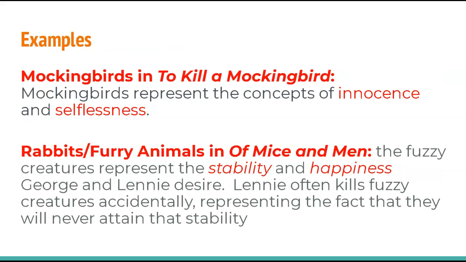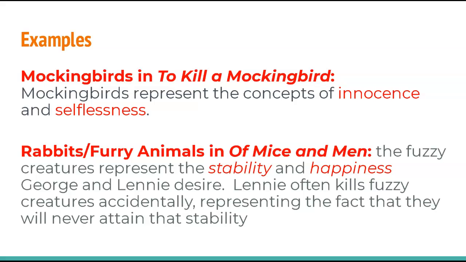So some examples of motifs are, for example, the mockingbirds in To Kill a Mockingbird. We see the mockingbird several times throughout that piece. And the mockingbirds represent the concepts of innocence and selflessness. There's also the idea of rabbits or furry animals in Of Mice and Men. Now, the fuzzy creatures here represent the ideas of stability and happiness that George and Lenny both desire.